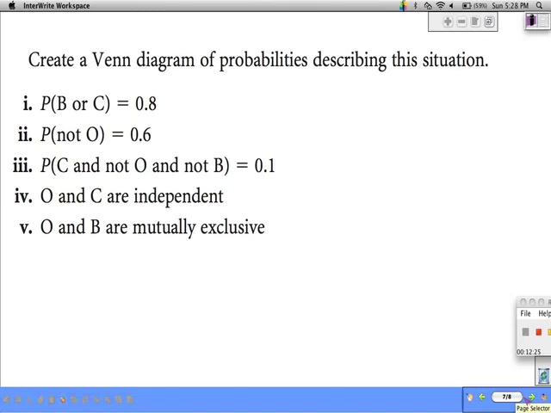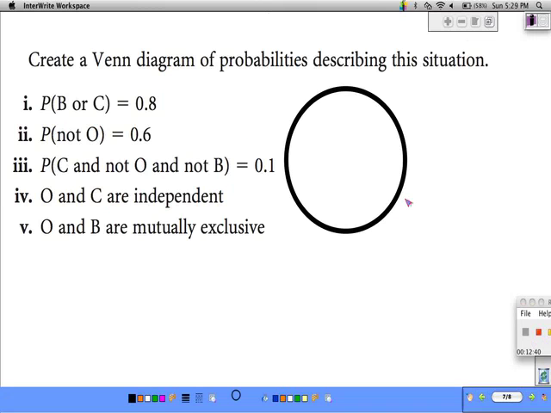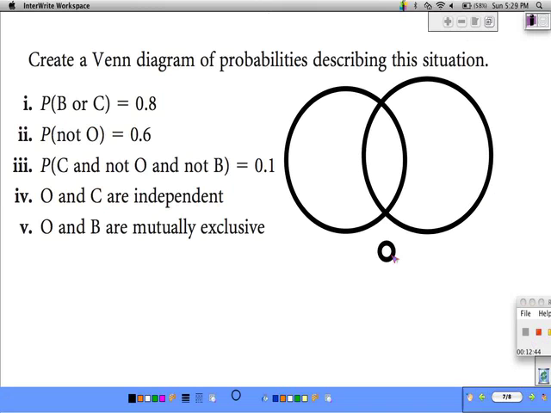And now we need to make a Venn diagram to describe this situation. So if we take a minute and read through these 5 things, we see that there are 3 events. So I'm going to draw 3 circles.